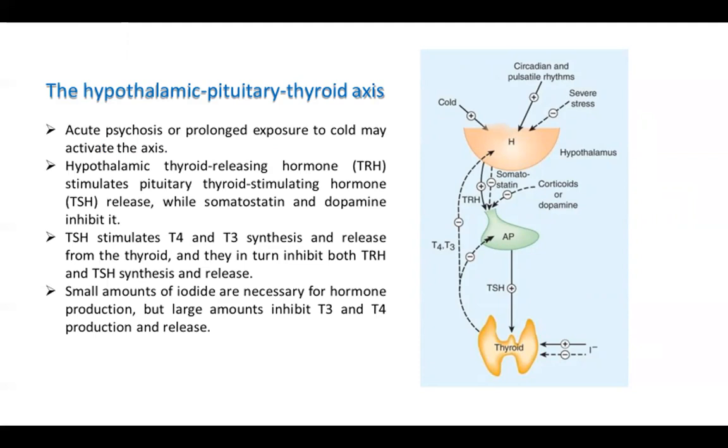Here we go. Cold can stimulate the hypothalamus to release TRH. Severe stress can inhibit the release of thyrotropin-releasing hormone. But it's the chronic state of stress that inhibits the TRH as a result.